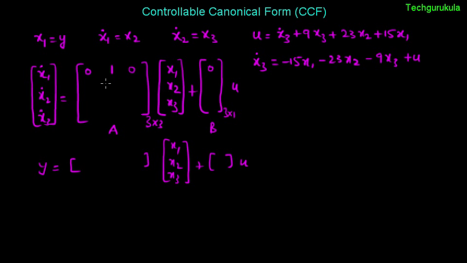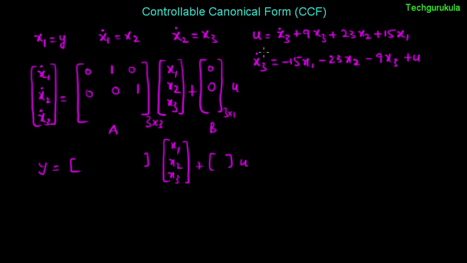It depends only on x2. Similarly, x2 dot depends only on x3, so we have 0 here and 1 here, representing x2 dot as 0 times x1, 0 times x2, 1 times x3, plus 0 times u.